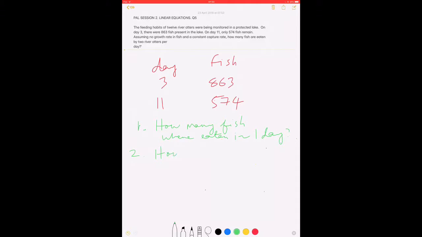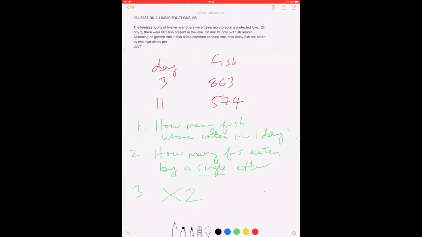How many fish eaten by a single otter? And finally, multiply that number by 2, because it's asking how many fish are eaten by 2 river otters, okay? Okay, so let's do that.